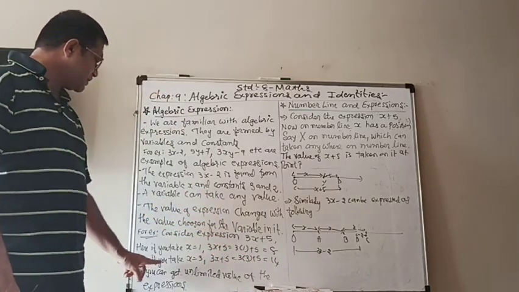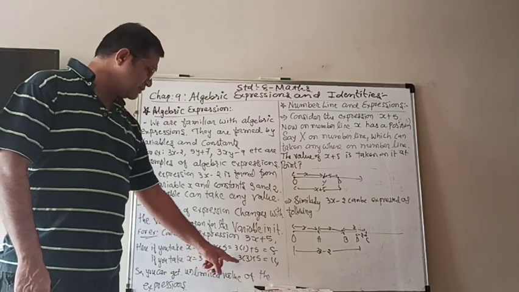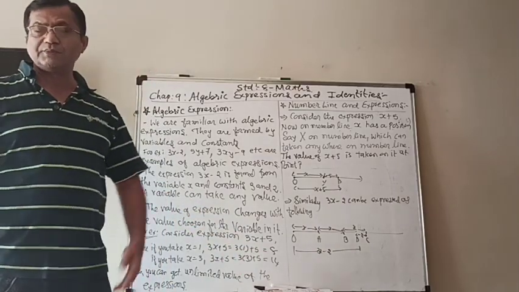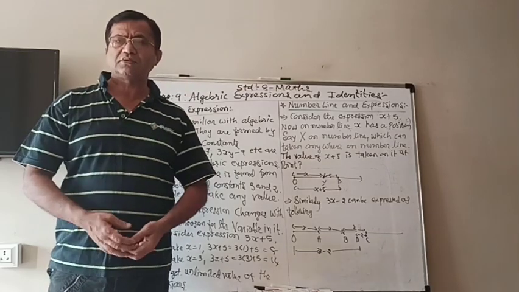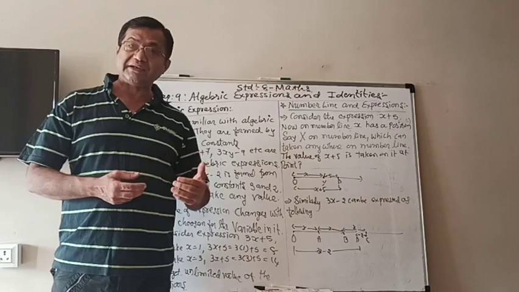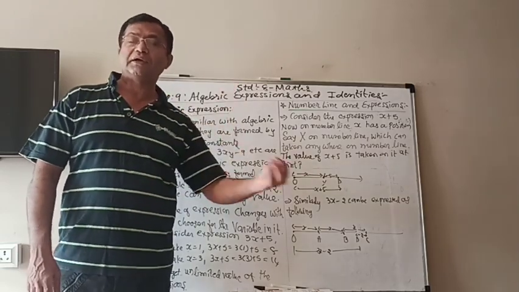If you take x equal to 3, then 3x plus 5 will be 3 threes are 9, plus 5, that is 14. If you take 0, if you take 5, if you take minus 3, if you take any value of x, you will get different values of the expression.